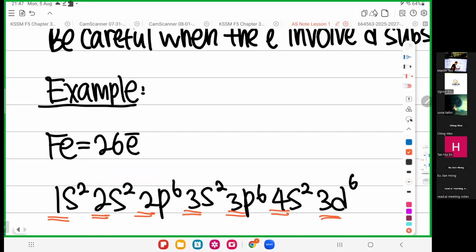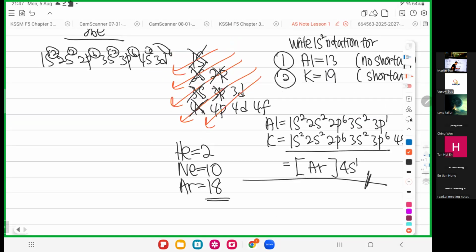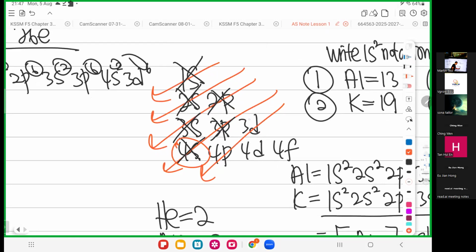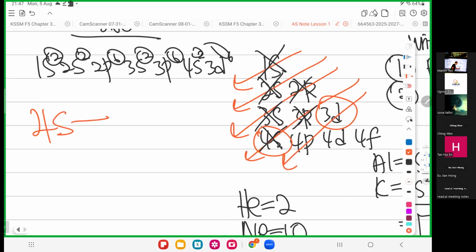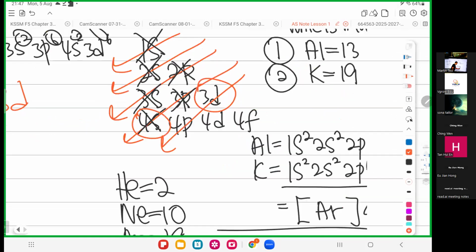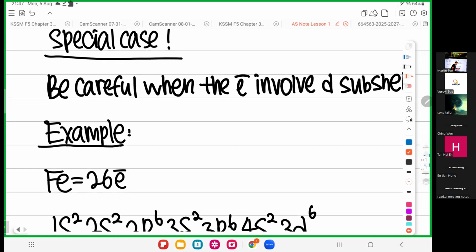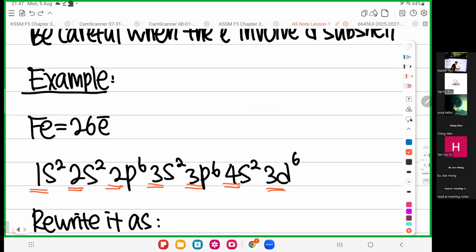This is so special. When you fill in 4s, then only 3d, there is nothing wrong with the sequence. That is exactly what I have done: I fill in 4s, then only 3d. But when you write, try to write in a beautiful way: first floor, second floor, all the way, third floor, all the way, then fourth floor.